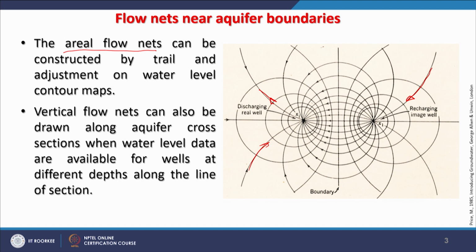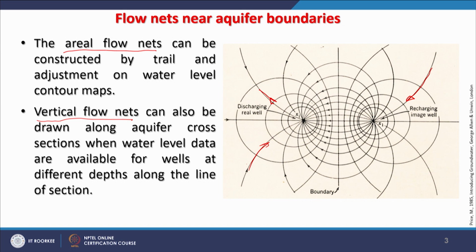So, when we look at vertical flow nets, one is the aerial flow nets, another type of flow nets is vertical flow nets, which can also be constructed along aquifer cross sections when water level data are available for wells at different depths along the line of section.